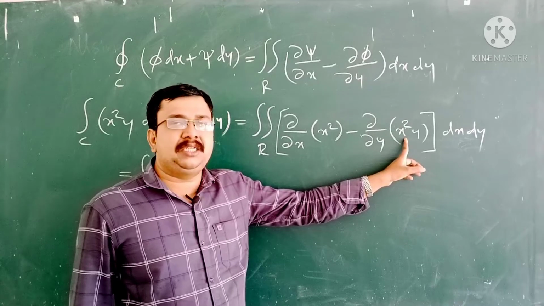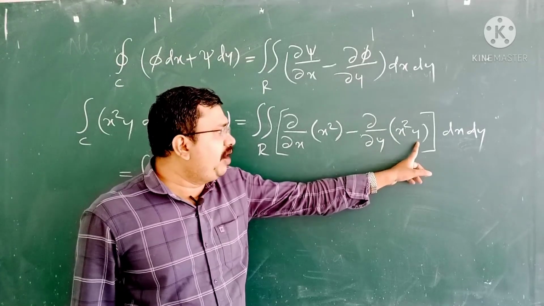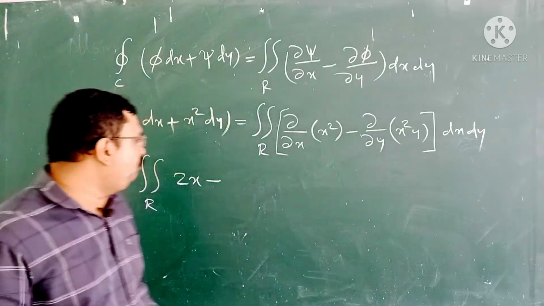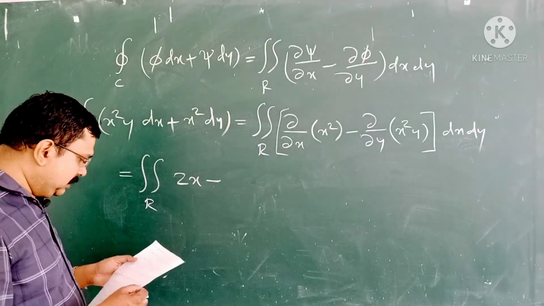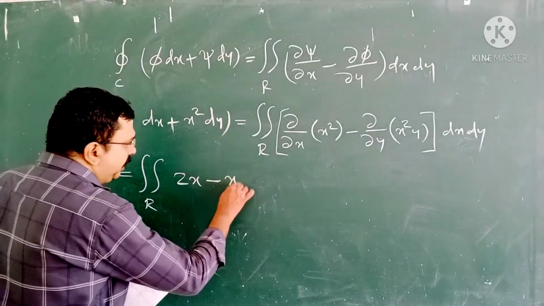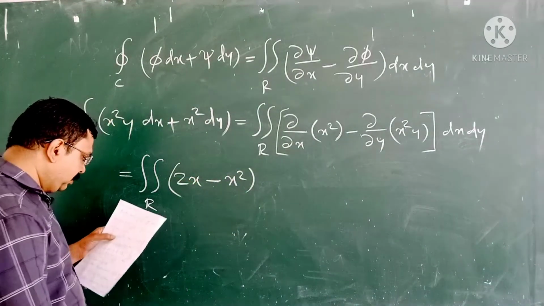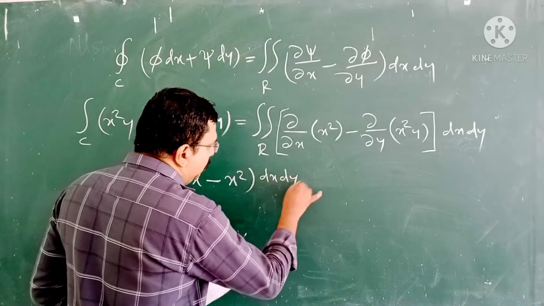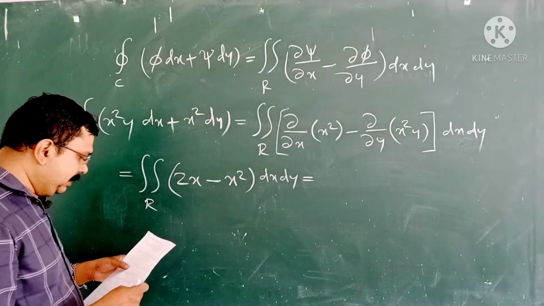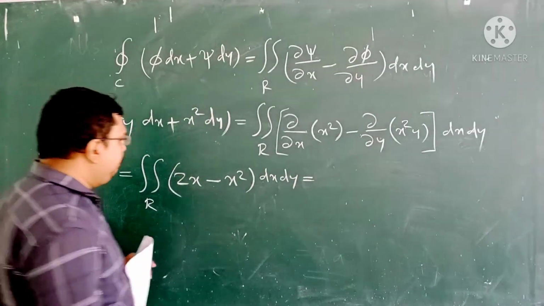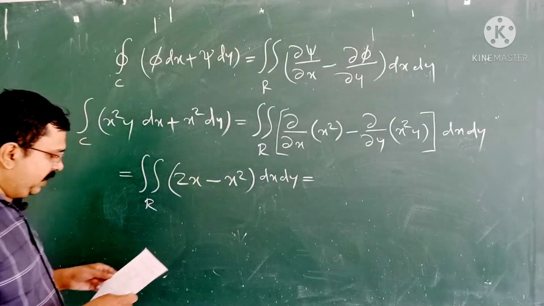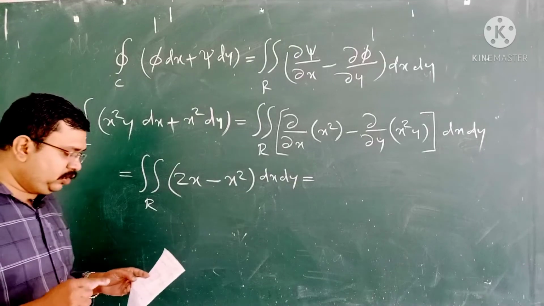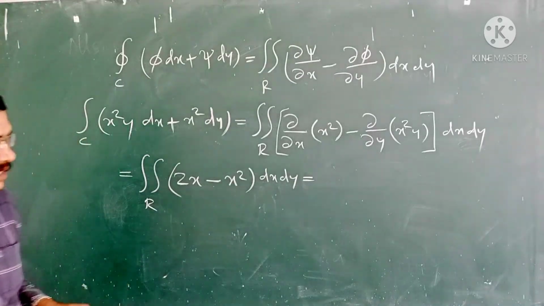Here x square is taken as constant and y, the derivative of y is 1. Therefore x square into 1. That is equal to 2x minus x square dx dy, which is equal to, now we may remember that here our region is 0 to 1 and 0 to x.